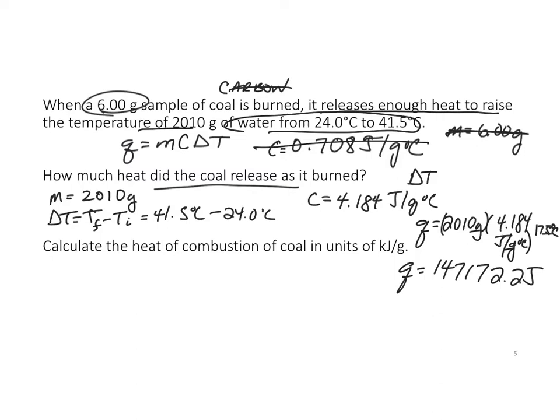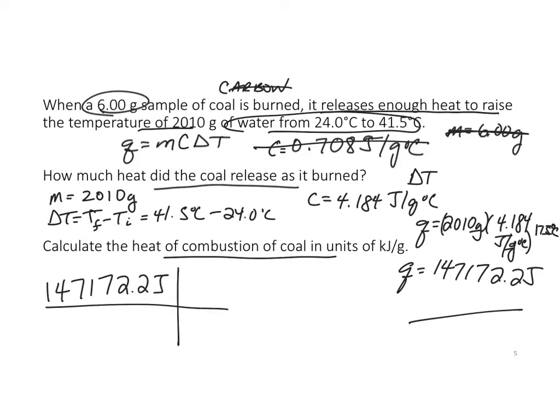And so they're just saying a 6-gram sample of coal, when it burns, it releases how much heat. That's how much heat it releases. Now, calculate the heat of combustion of coal in units of kilojoules per gram. Well, this is joules, so 147,172.2 joules. We need to convert that to kilojoules.